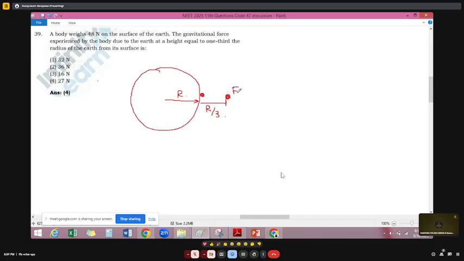So they're asking you to find F2. This is F1. F1 is given as 48 Newton. Any formula that comes to your mind? Over R squared, yeah.